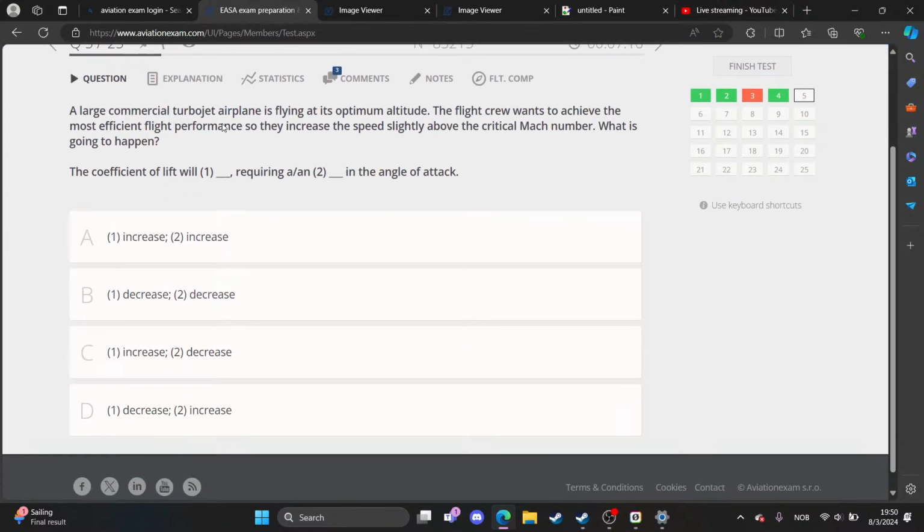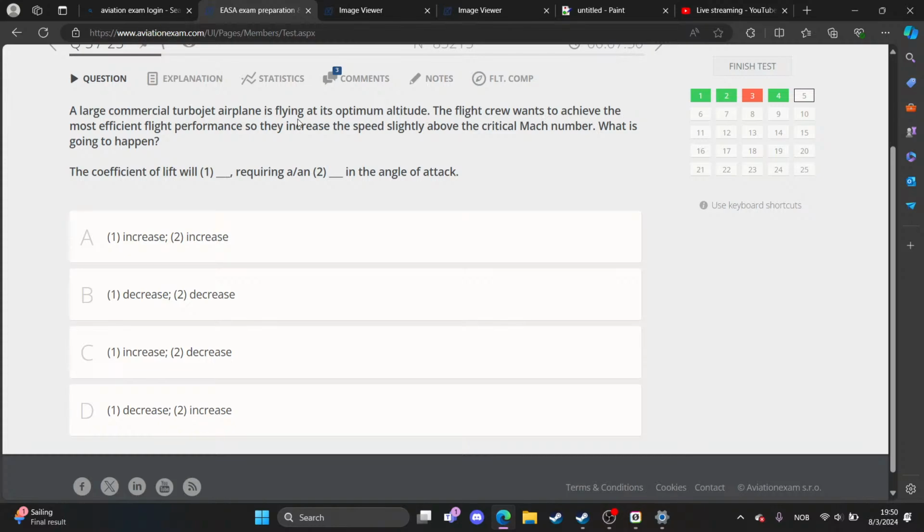A large commercial turbojet airplane is flying at its optimum altitude.